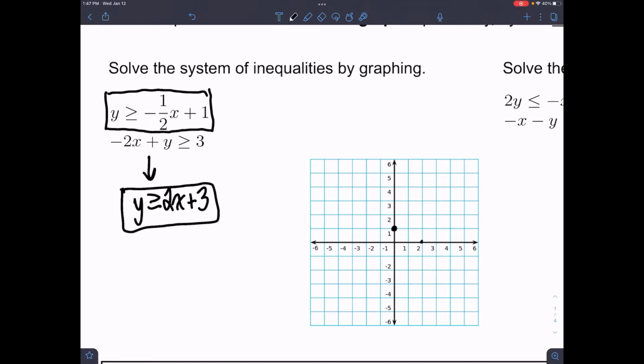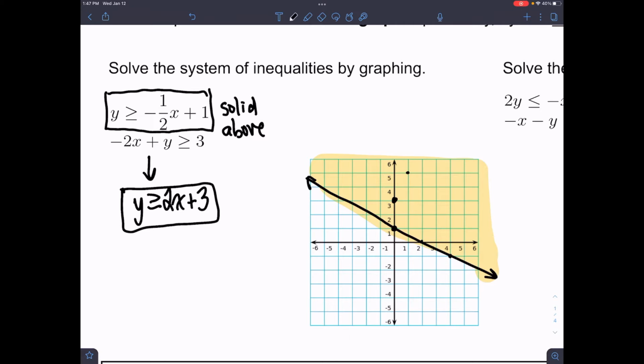I'll do the top one first. Go down 1 over 2, down 1 over 2. So it looks like something like this. It is in fact solid. And I do want to shade above because it's greater than. So I'll just go ahead and use my colors and shade above.